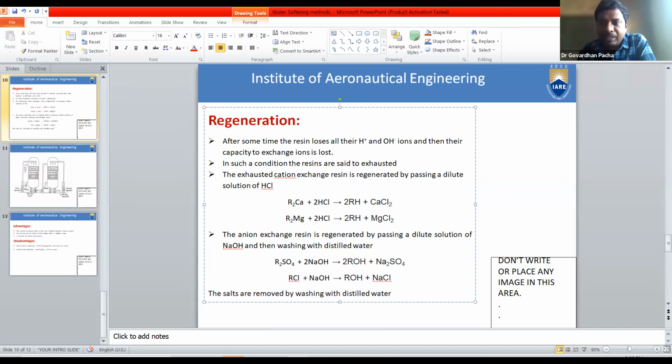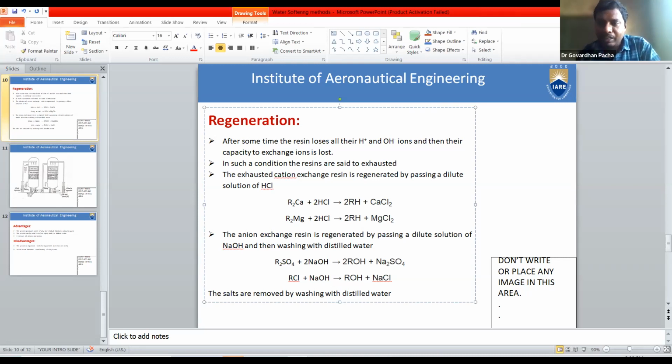Very good. By using dilute hydrochloric acid, the impurities present in the cation exchanger are removed and regeneration takes place. And what is the chemical used for the anion exchanger? Dilute sodium hydroxide. With the help of sodium hydroxide, the anion exchanger is also refreshed and regeneration takes place. So this is the overall process of ion exchange, including regeneration.